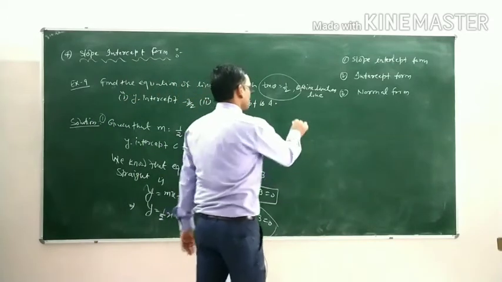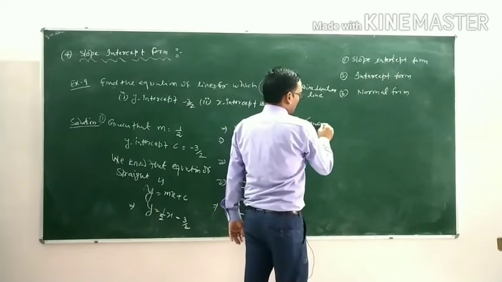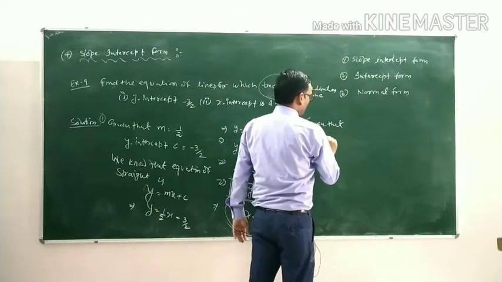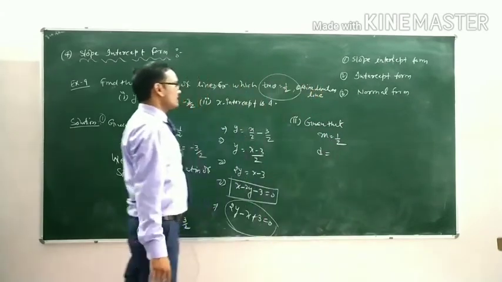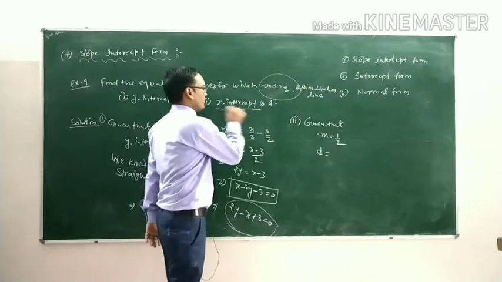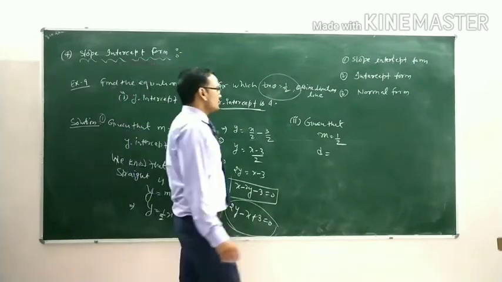Okay, and the second part, given that m equal to 1 by 2 and d, the x intercept of the line, is 4.